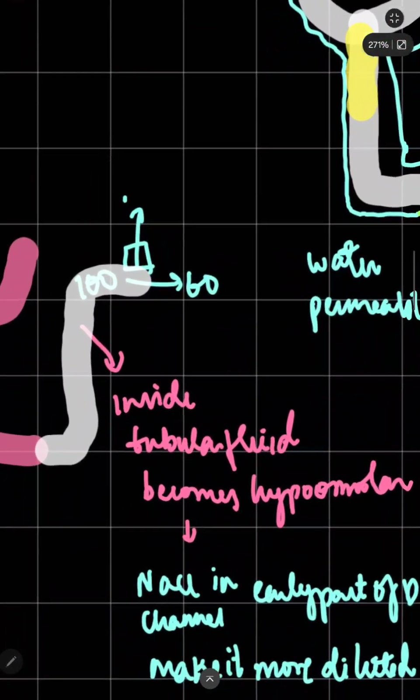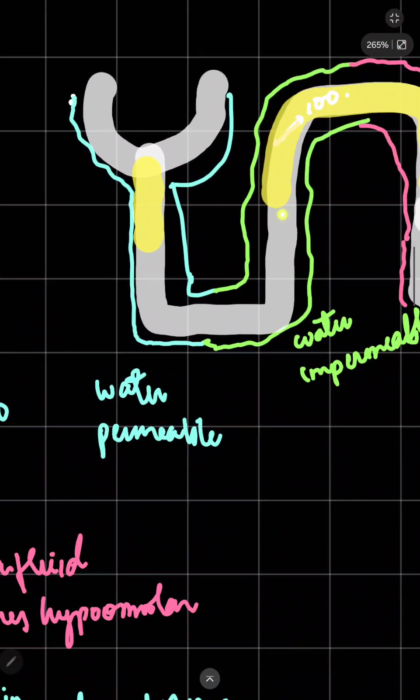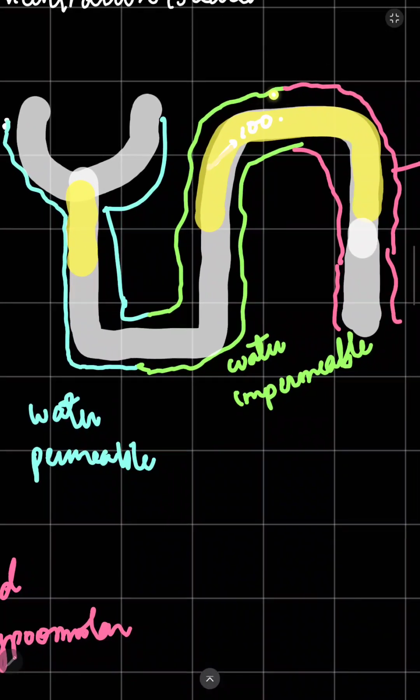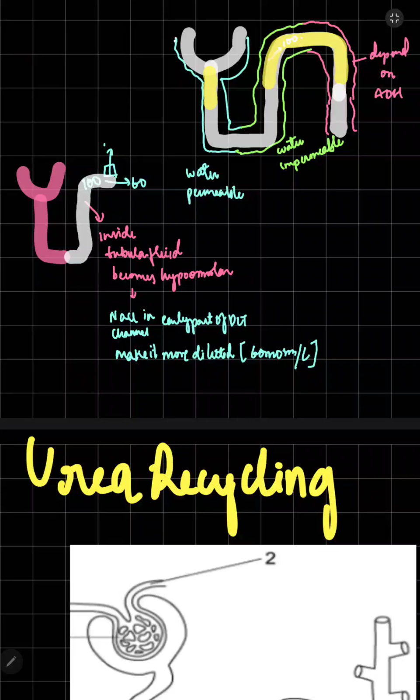Alright, so what happens basically is the solutes are removed from this part, so this part reaches a diluted fluid as solutes have been removed, and water cannot escape with fluids as it is water impermeable. So this diluted fluid, again here in the early part of the DCT, there are cells like the sodium chloride transporter. They will take up more solutes and make this fluid even more diluted, which is somewhere around 60 milliosmol per liter.